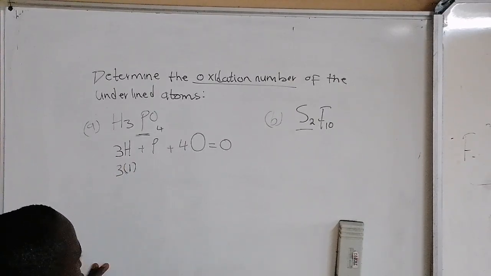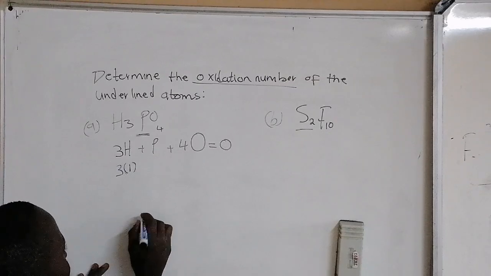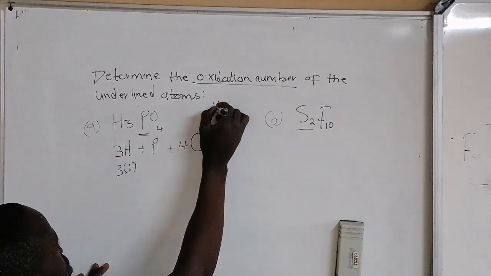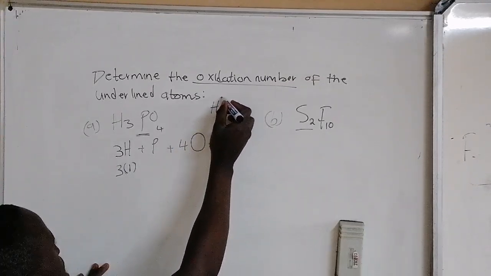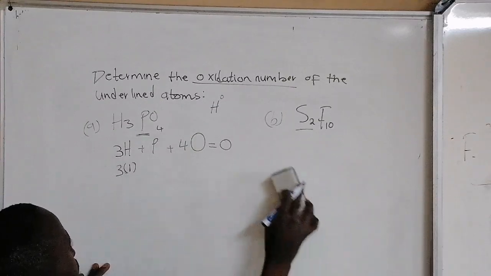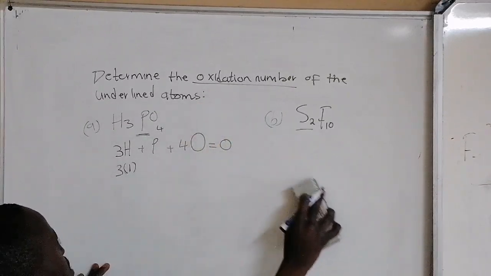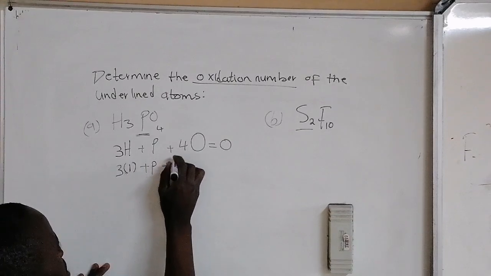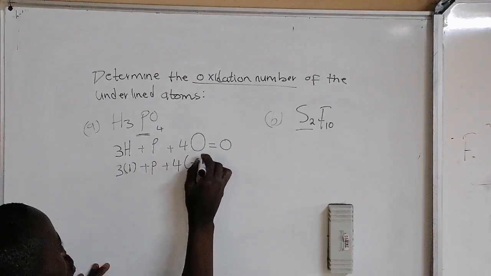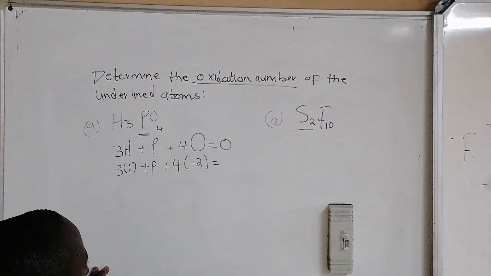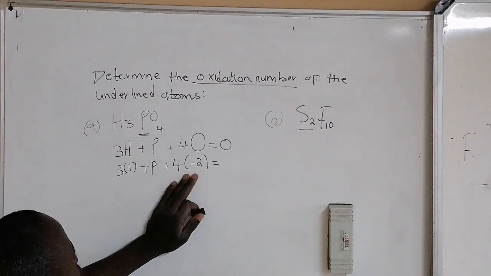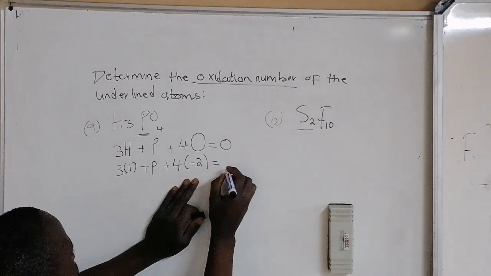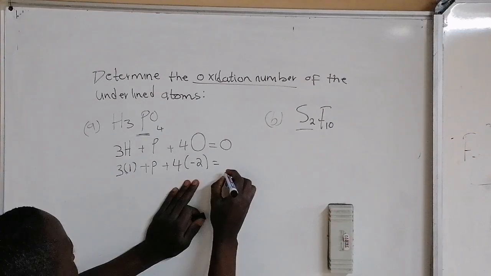If it was hydrogen only, we would say its oxidation number is 0, since it would be a monoatomic element, plus phosphorus plus 4 times negative 2. Why are we putting negative 2 there? Because when oxygen atoms are combined with other elements, they always have an oxidation number of negative 2.